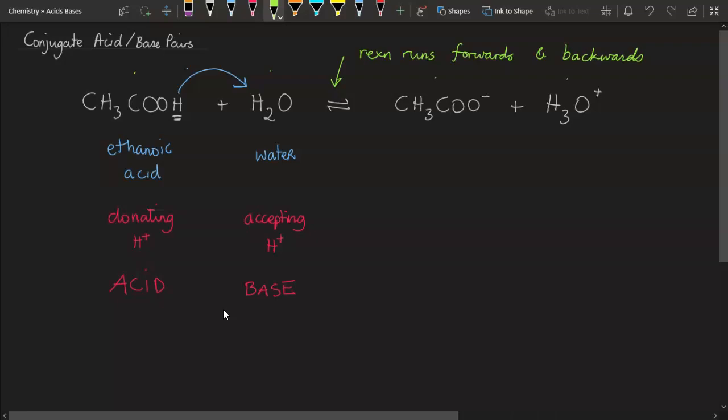And then it turns around and starts moving from right to left. So the H3O positive and the CH3COO minus end up forming your CH3COOH and your H2O.